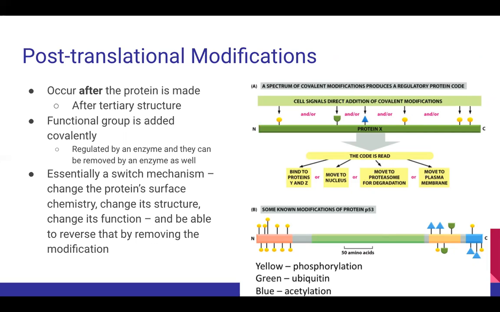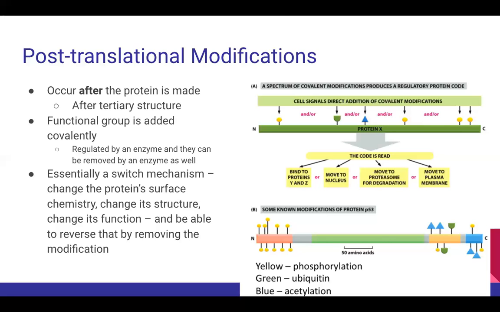So based on the post-translational modifications, it will depend on which one of these four outcomes the protein will have, based on what's added. So the main thing to take away from that is just that form follows function. Structure always equals function. Does anyone have any questions so far?